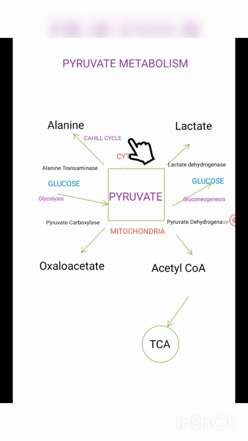So take note. Now, the other option is the conversion of pyruvate to lactate or lactic acid. Now, this is basically anaerobic glycolysis, meaning that glycolysis is taking place in the absence of oxygen. So you actually form lactic acid using lactate dehydrogenase.